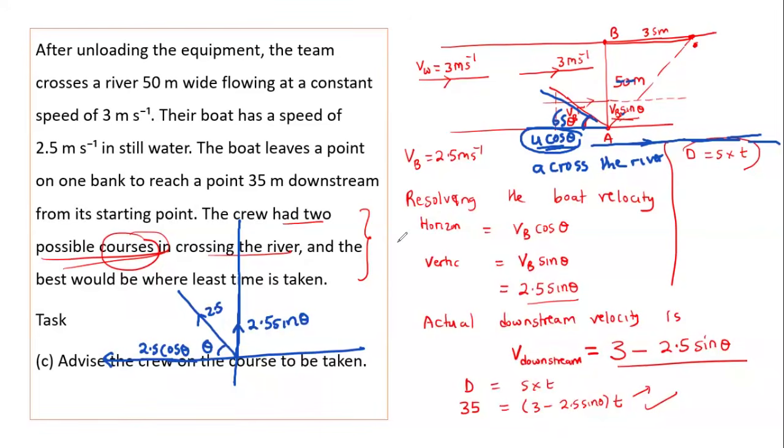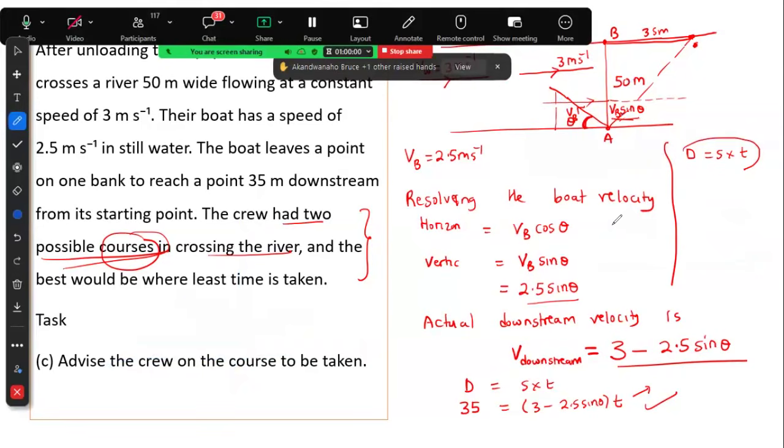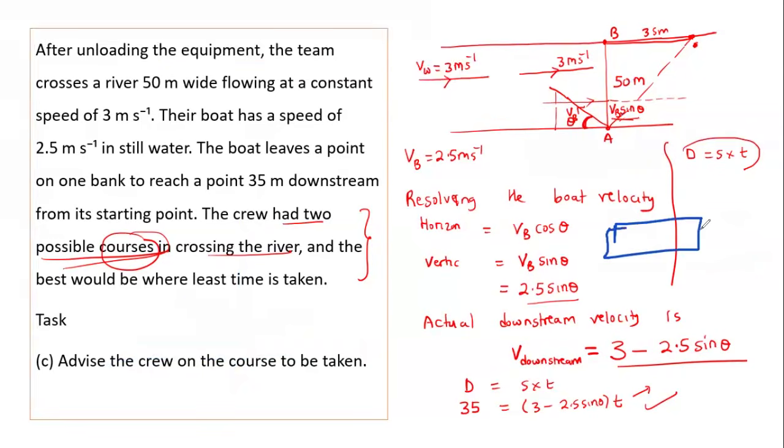Sir, I've understood, but my worry is still here. Clarifying more about actual downstream velocity: why do we subtract 2.5 sine theta? Okay, Vida, say you have someone who is 50 kilograms and another who is 20 kilograms. Let me use actual things.